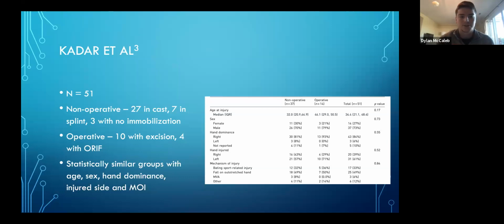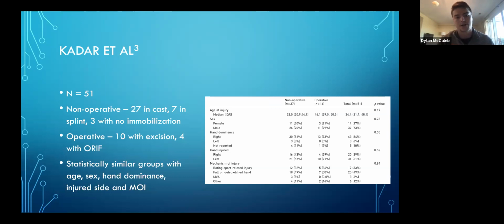For the population, there were 51 total patients: 37 in non-operative management and 14 in an operative management group. They clumped together a couple of different ways in which they were managed. Non-operative included casting, splinting, and there were 3 even with no immobilization.